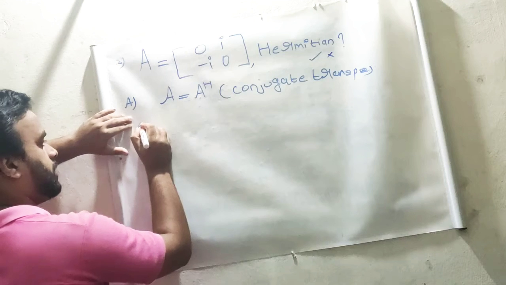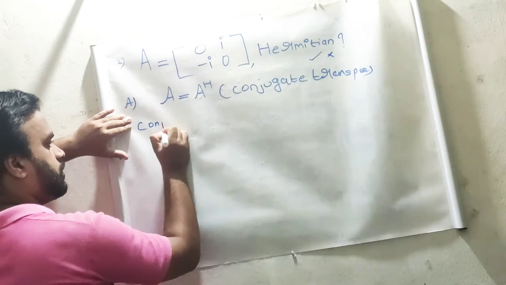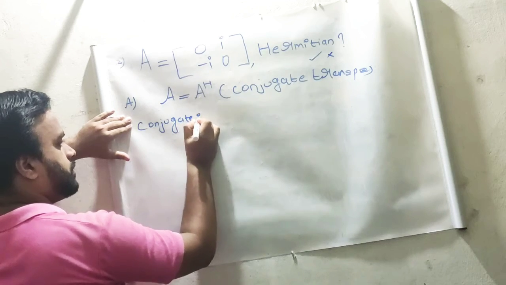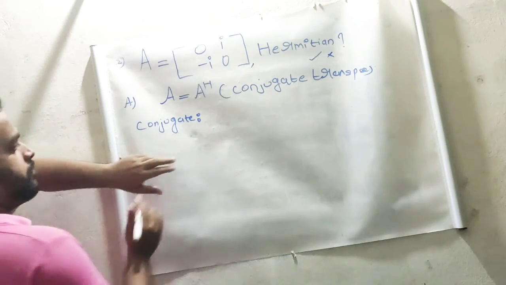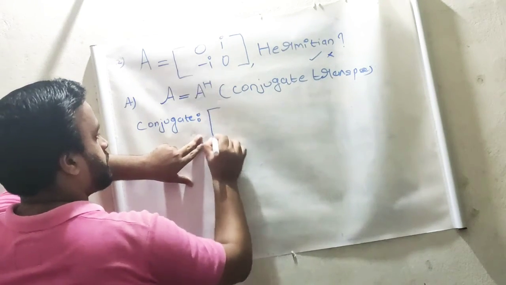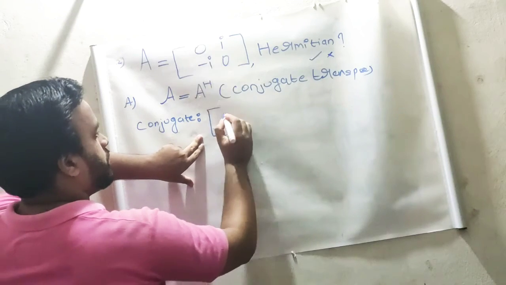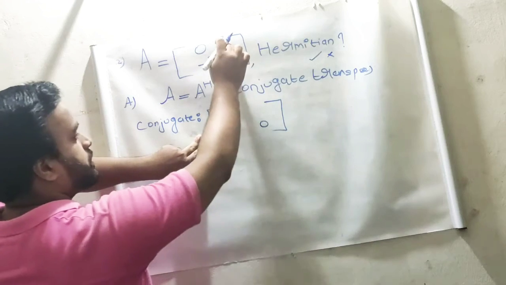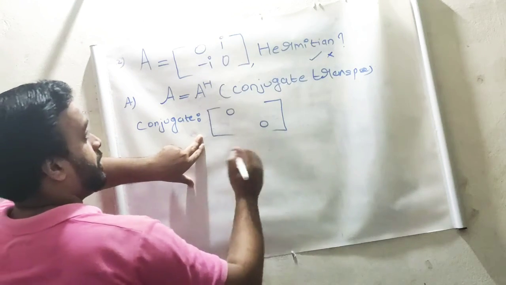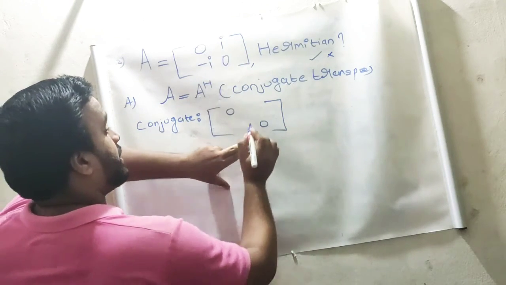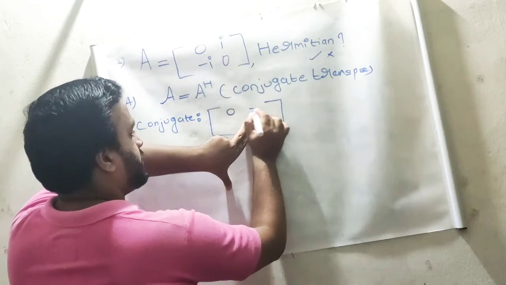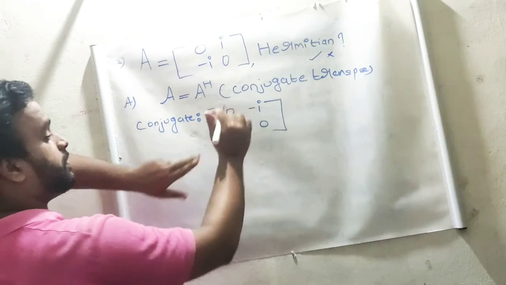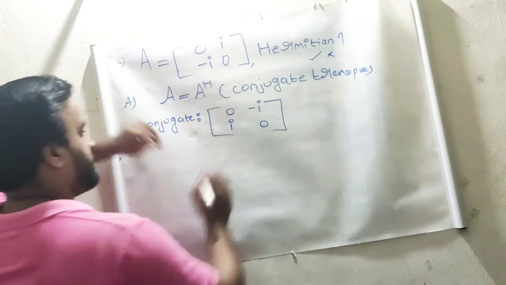First, we want to find the conjugate matrix of A. 0 stays 0. The complex part i is written with the opposite sign, so i becomes minus i, and minus i becomes plus i.